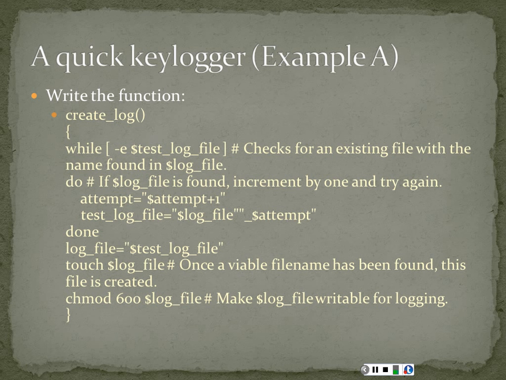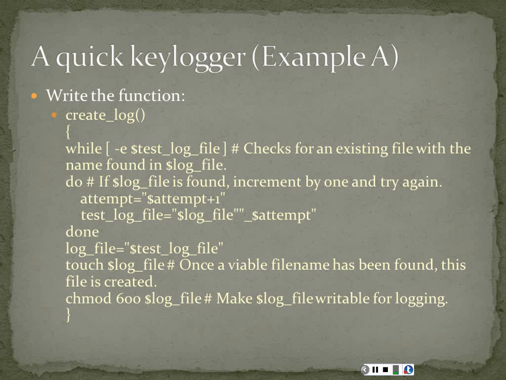And then test it, touch the log file once a viable file name has been found, and then chmod to 600. What's wrong with 600? Only root can do anything with it, so if I'm a regular user, I can't write to this log file. So I'm kind of screwed, right? You actually have to invoke it as the user to get it to write the log file.